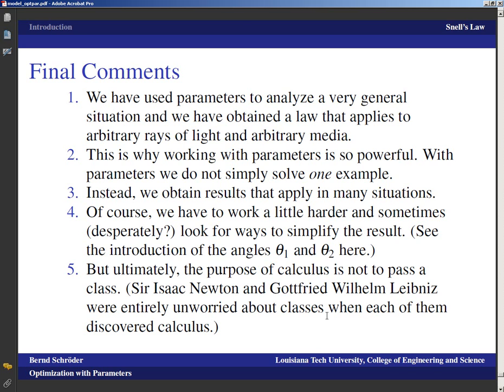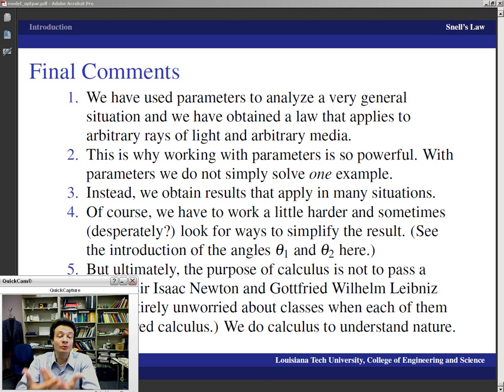But at the same time, they were very much interested in understanding nature, definitely because Newton is mostly acknowledged as a physicist, even though we mathematicians like to claim him too. Leibniz was very much interested in geometry, so there was a certain pursuit of wanting to understand nature, and that is really why we do calculus.